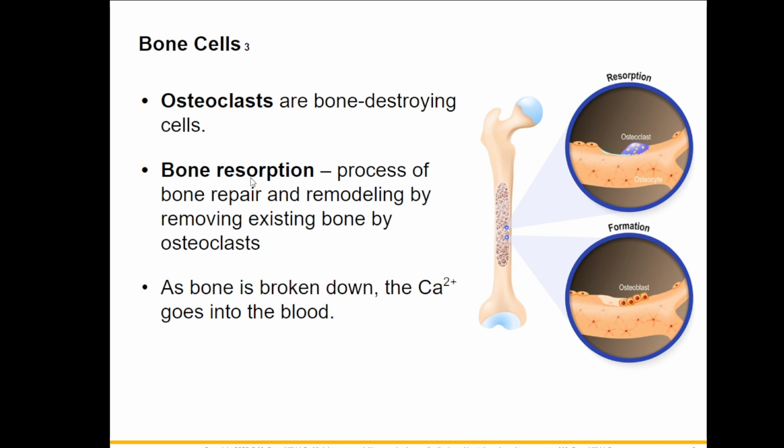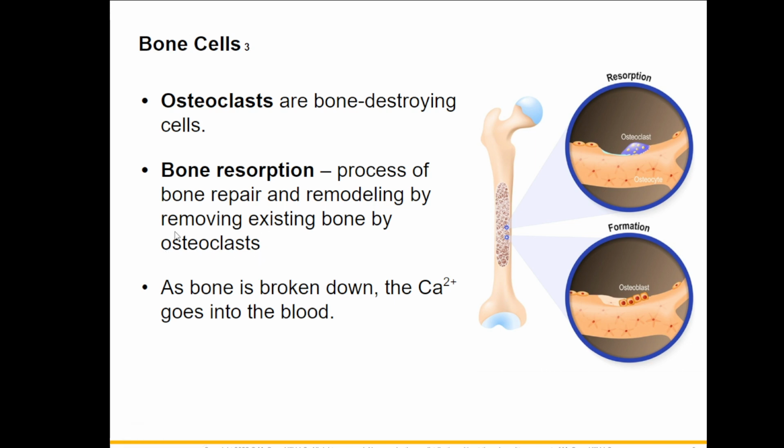So again, the formation of bone is called ossification, but the destruction of bone is called resorption. Okay, so bone resorption is the process of repairing and remodeling by removing the existing bone. And what removes the existing bone is your osteoclast.